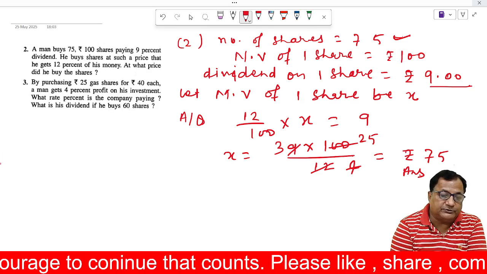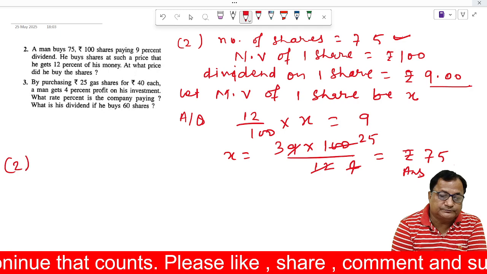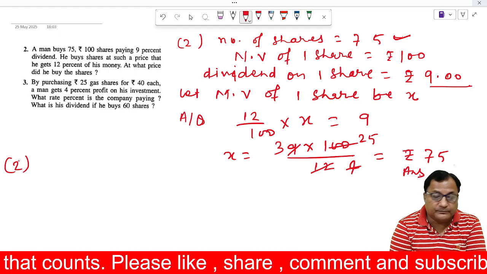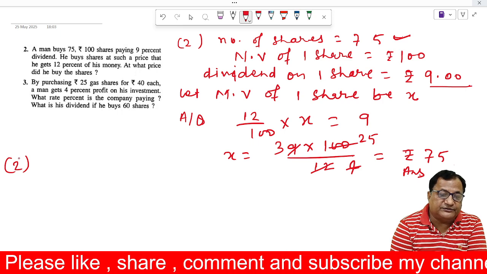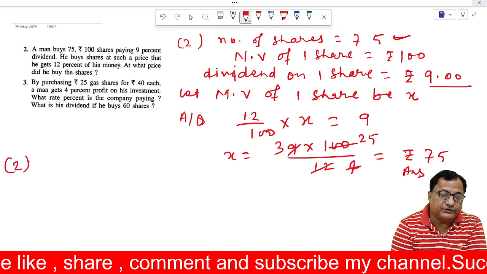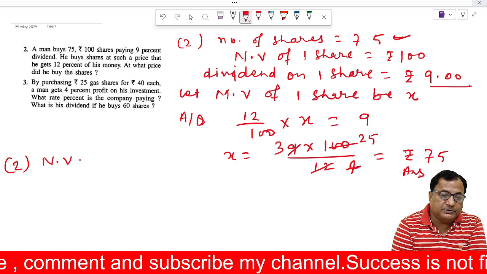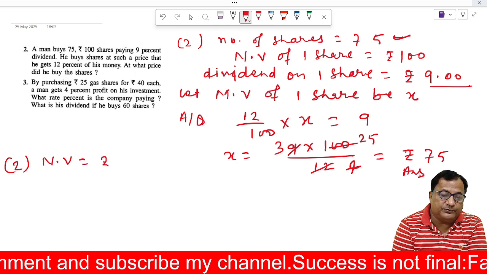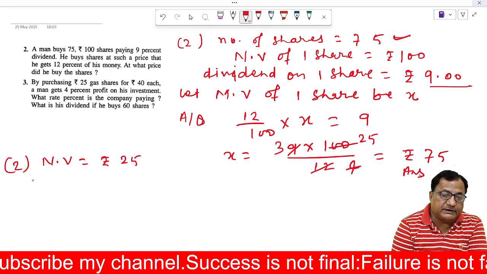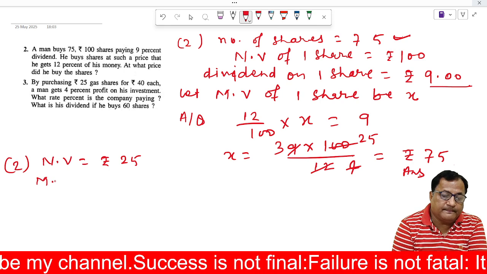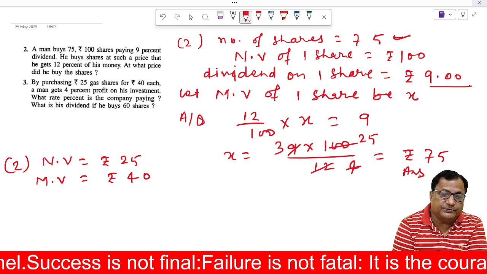Now see question number 3. Question: by purchasing rupees 25 gas shares for rupees 40, means nominal value is equal to rupees 25, market value is rupees 40.